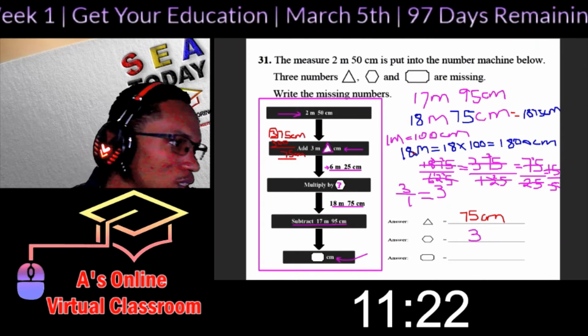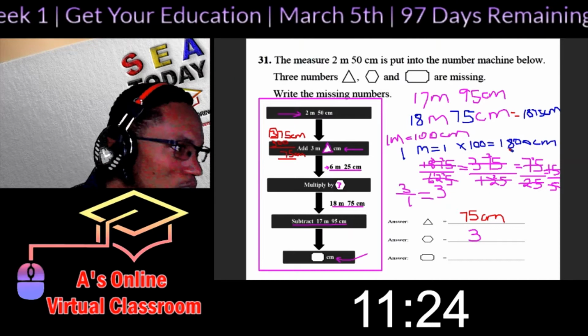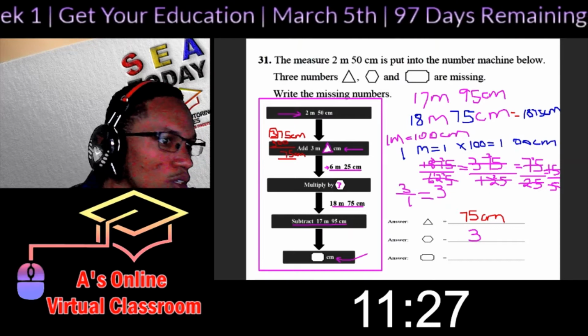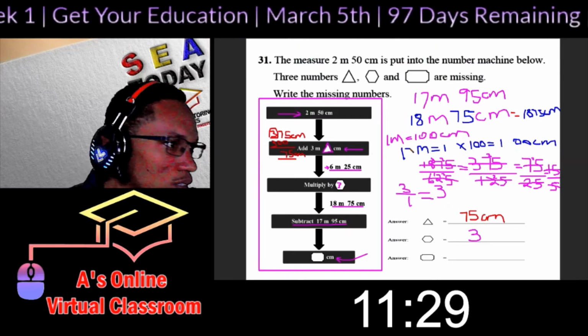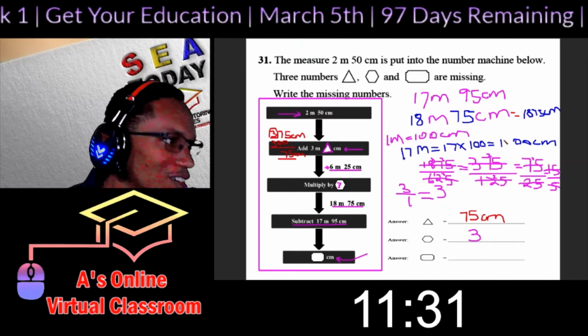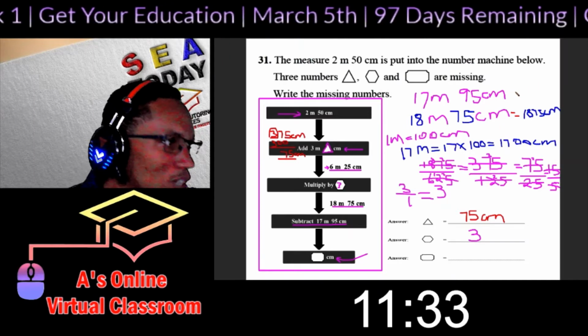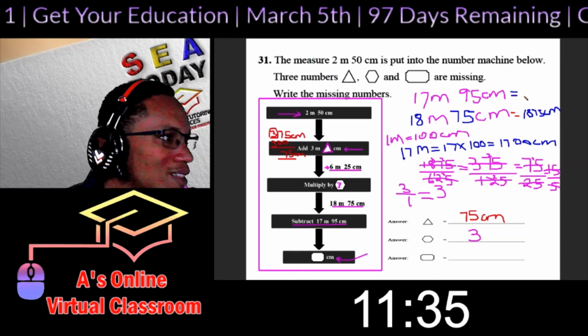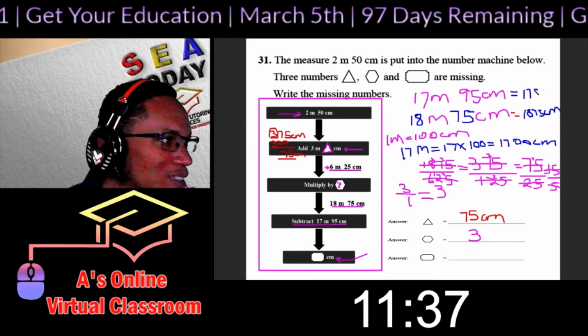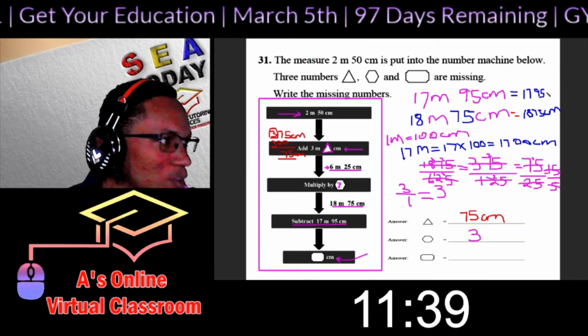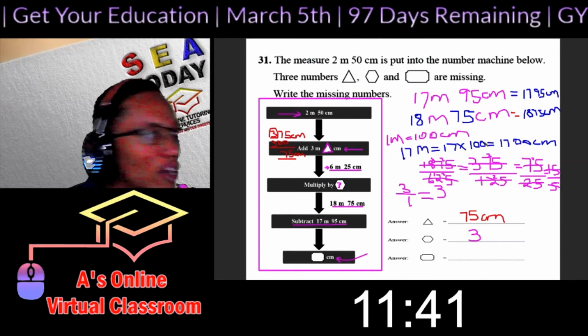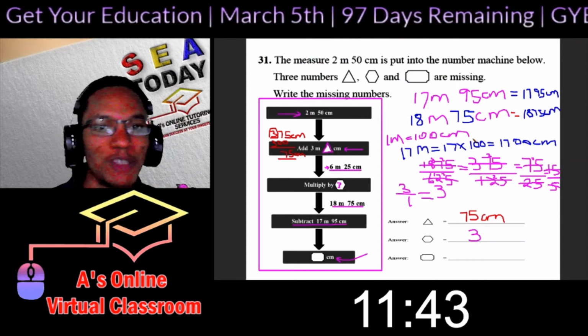So of course, instead of 18 meters we have 17, so instead of 1800, that will give us 1700. So that will be equal to 1795 centimeters. And now we just have to subtract.